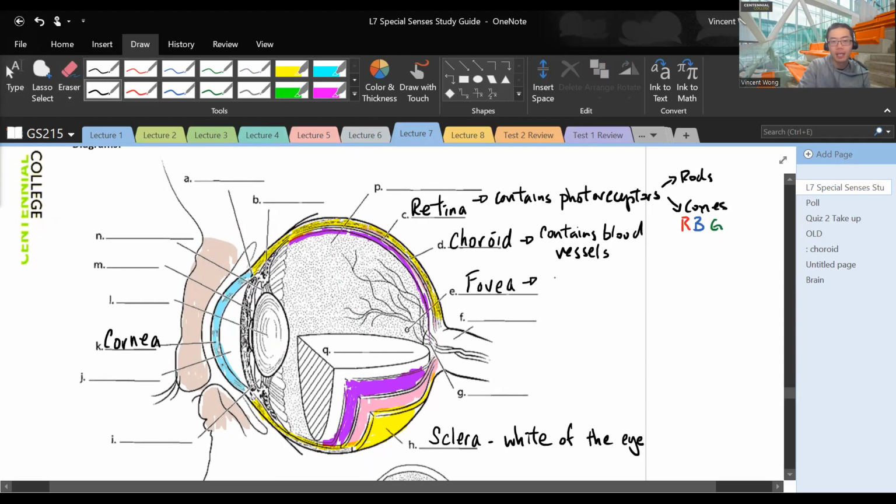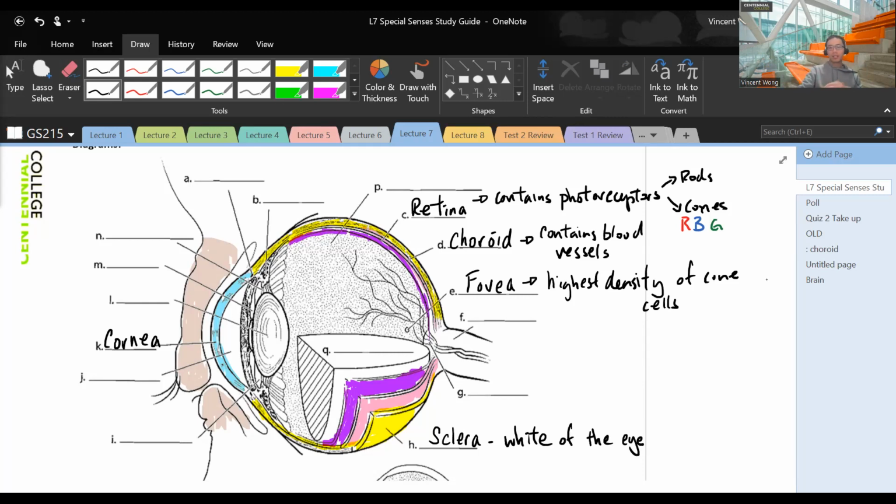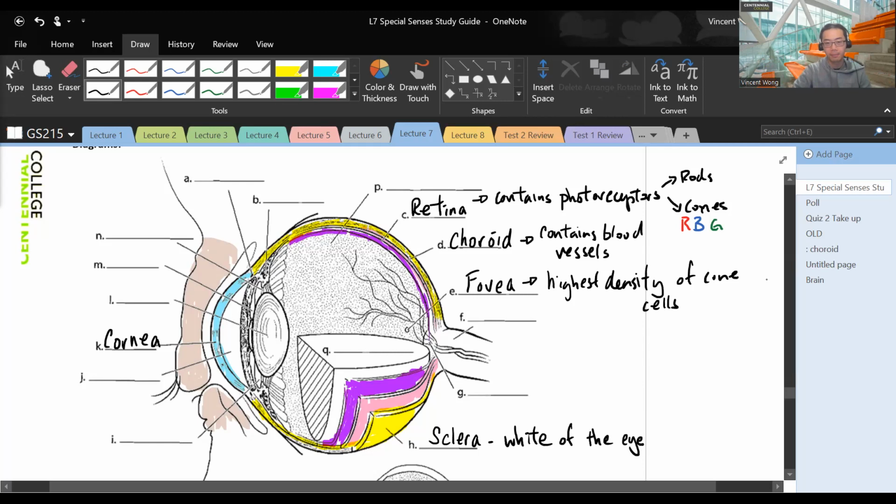It has the highest density of cone cells, and that creates the sharpest image. Whatever you're focusing on right now, that object is projected onto the fovea.